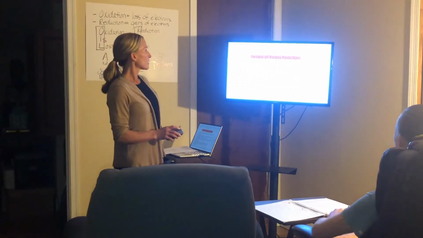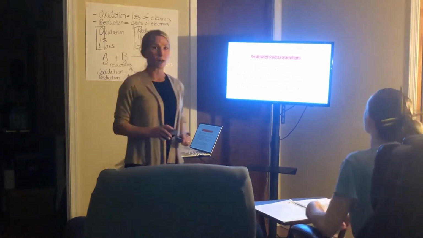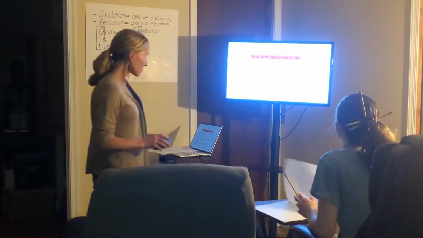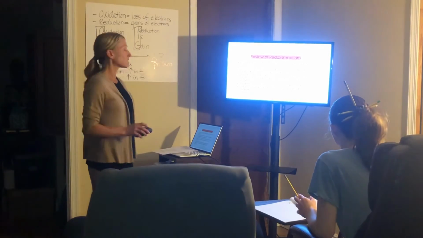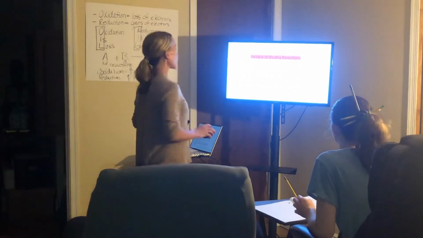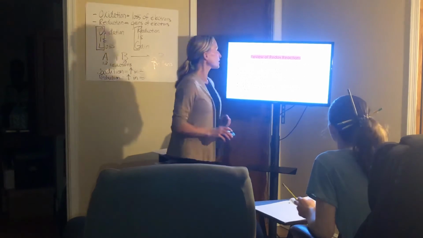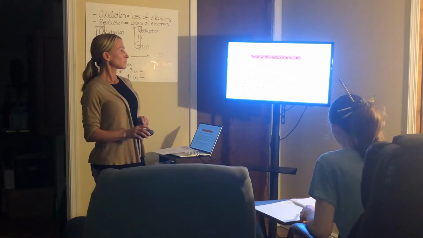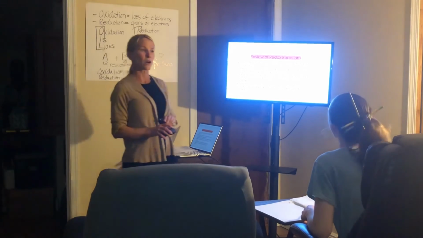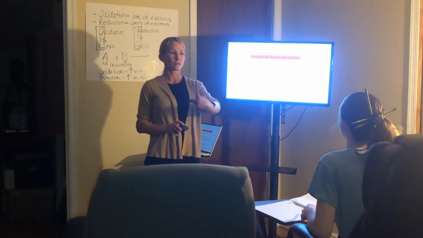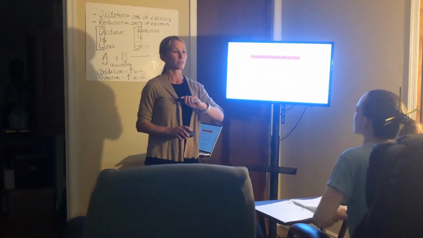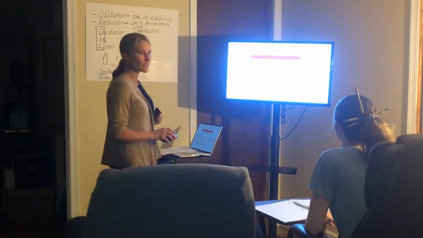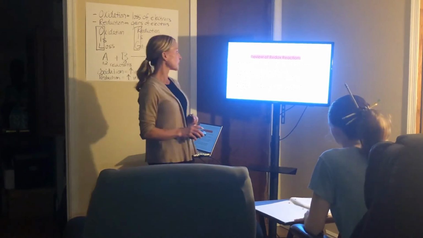Okay, so a quick review of what we've talked about today before I give you guys your exit ticket. Redox is energy transfer between substances through the transfer of, Katie? Electrons. Electrons, right. We must have that electron transfer for it to be redox.